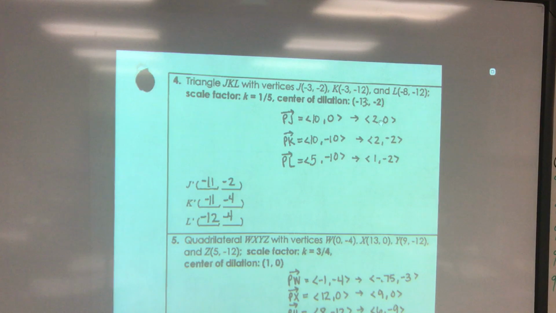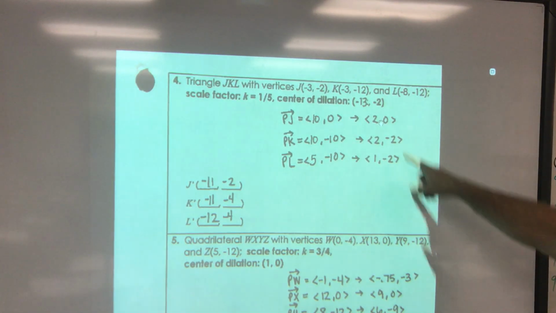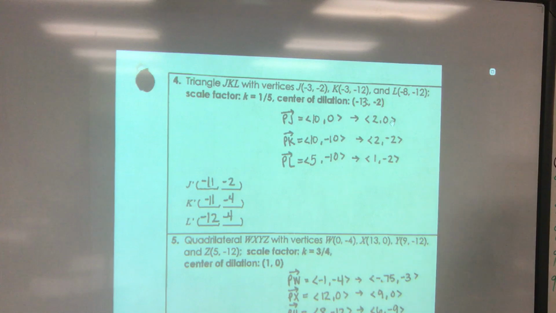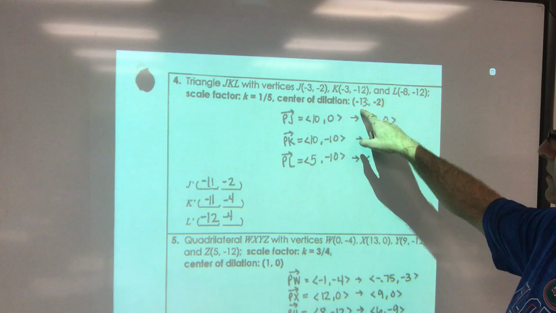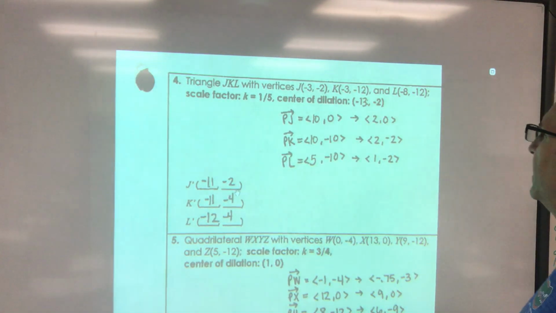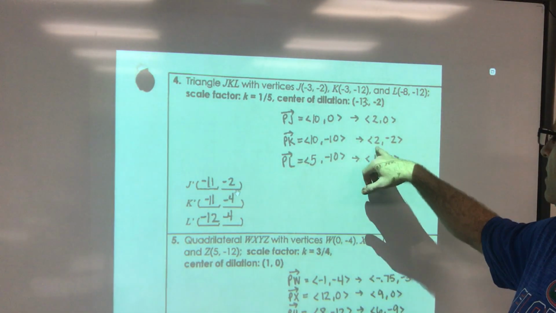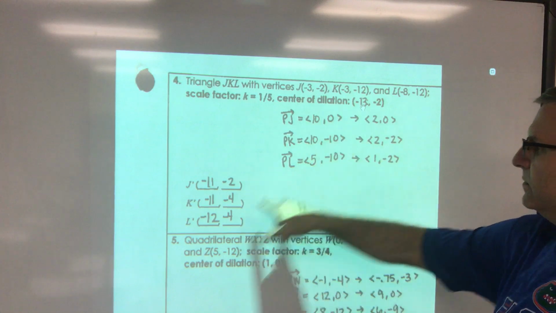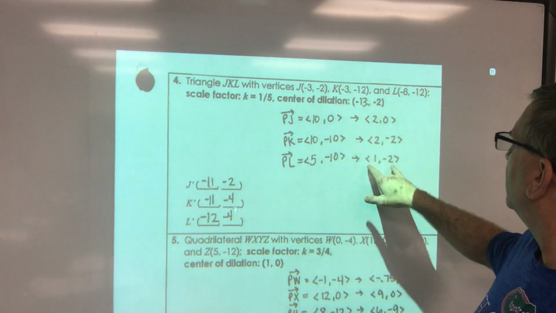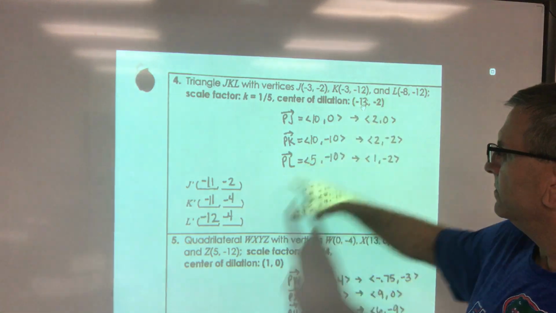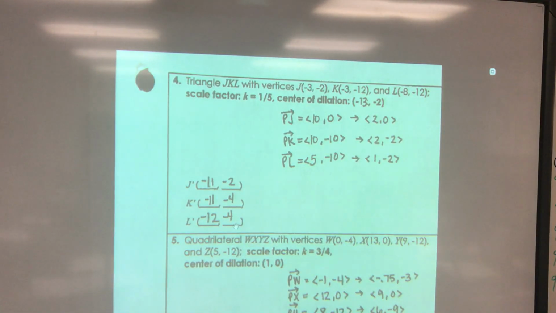Then I take these points, step 3, combine the vector from step 2 with the point of dilation. So 2 and 0, that's going to give me -11, -2. 2 and -2 is going to give me -11 and -4. 1 and -2, -12 and -4.